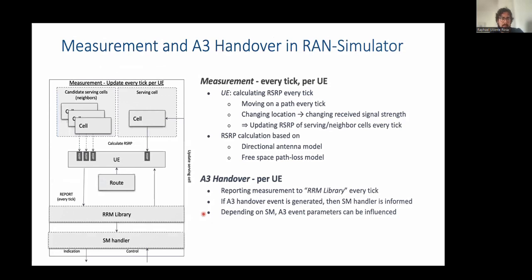Here is just an example about how the A3 handover is defined by the RAN simulator.